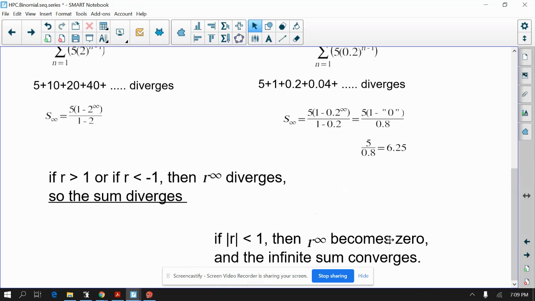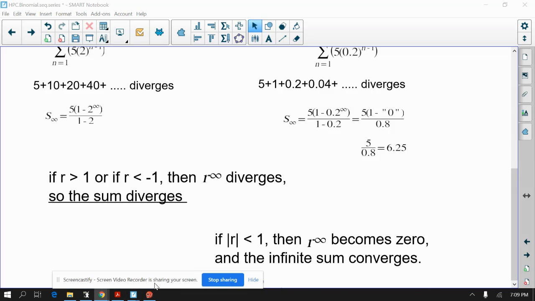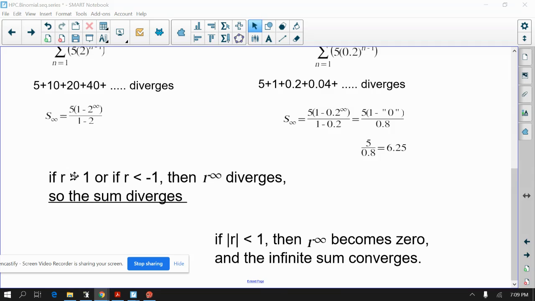But this is the big conclusion for this little part. If the r value is bigger than 1, or if it's less than -1, then that series is going to diverge. You're either going to approach positive infinity or negative infinity.